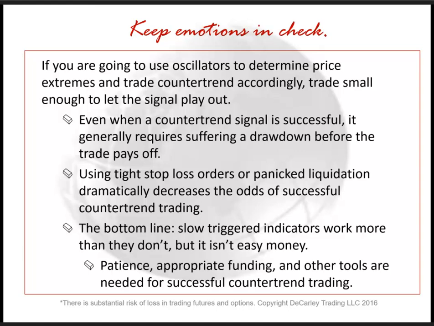The key, if you do decide you like the idea of counter trend trading, the real key to success is just being patient and waiting for the good trades. It's not easy to do. Make sure you have the appropriate funding. Make sure your personality is equipped to handle going against the grain. If all your friends are buying corn and you want to sell it, you have to be able to mentally cope with that.